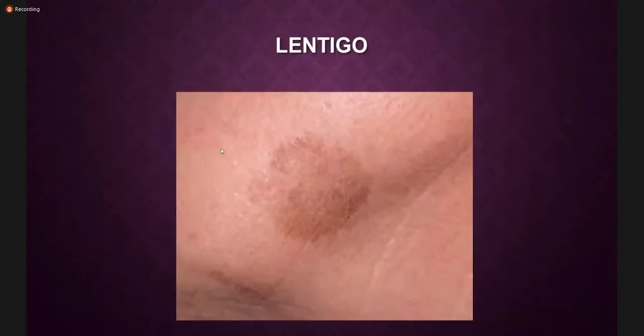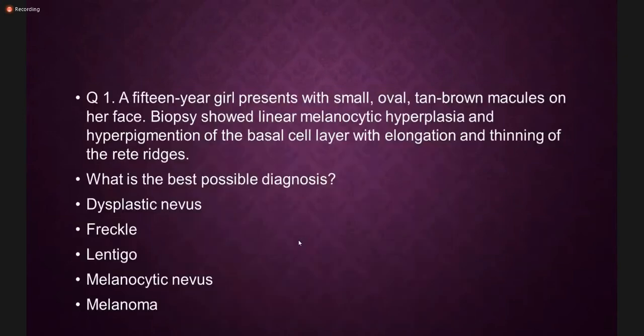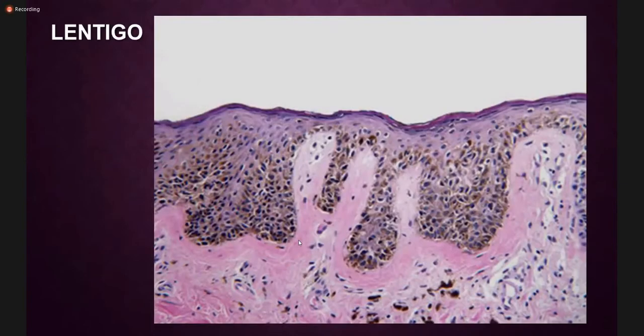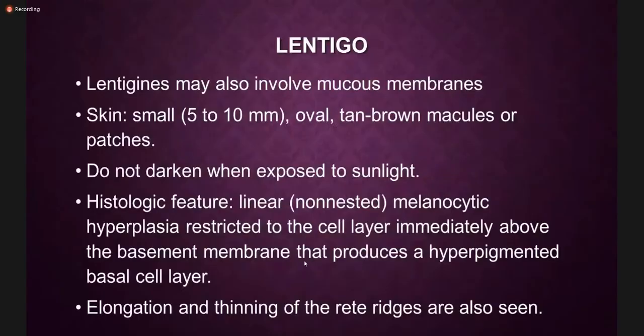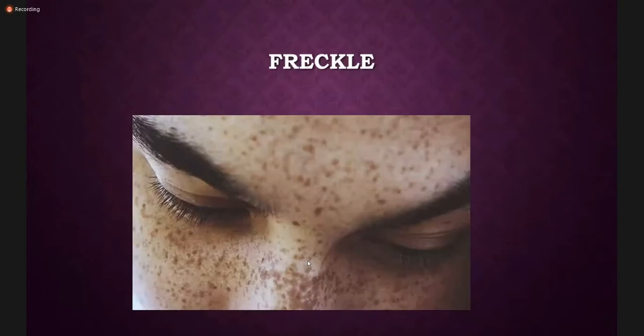As you can see, this is a colored patch present on the skin. So the difference between a lentigo and a freckle? Freckles are present on the sun exposed areas and are a result of increased pigment production by the melanocytes.